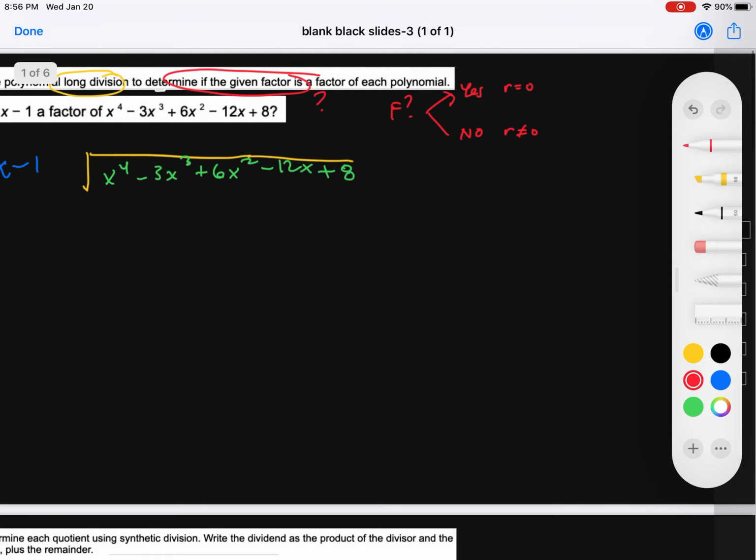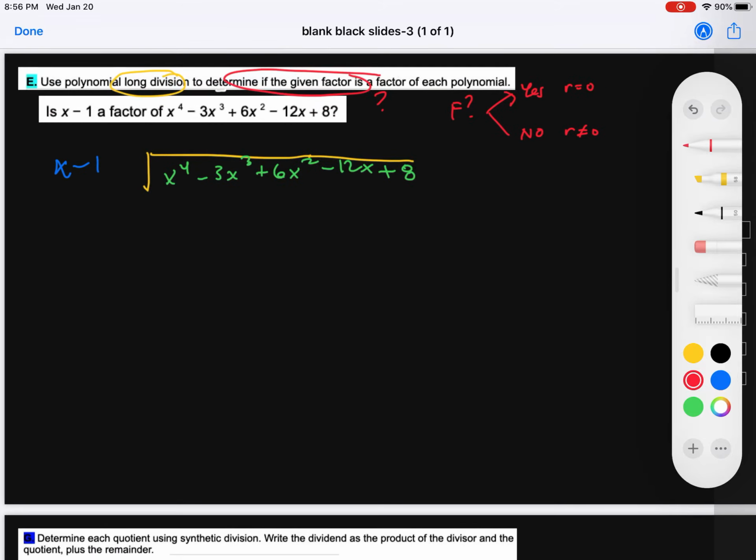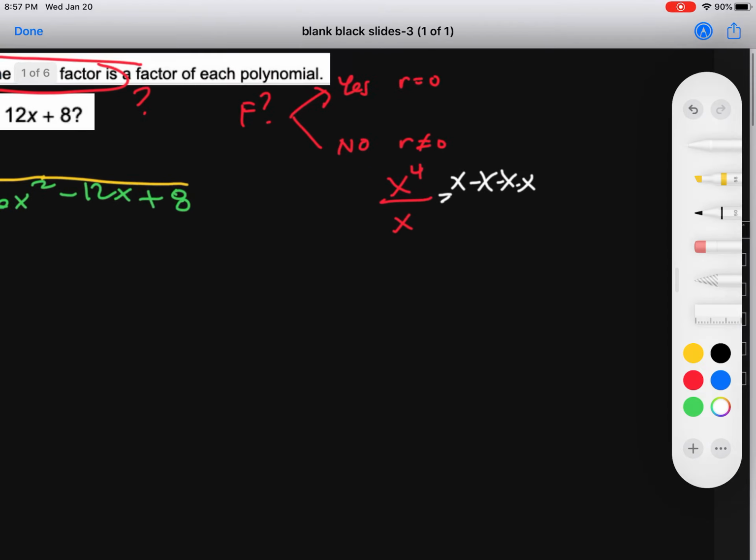All right, so what do we have here? We need to do long division. And a couple of steps to help you with your long division: we're going to divide here. I like to divide as a side problem. x to the fourth divided by x, you're left with x cubed.